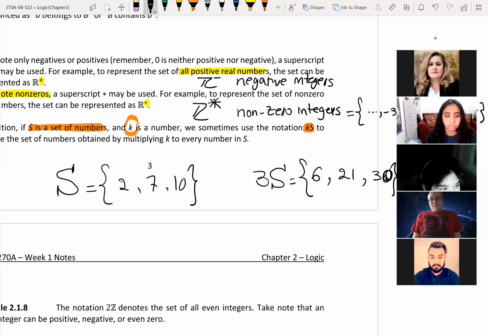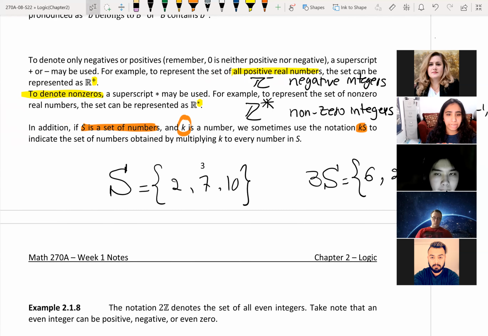So R star means everything except 0. So you can have all real numbers except 0. Can you explain the R plus again? What's the notation?